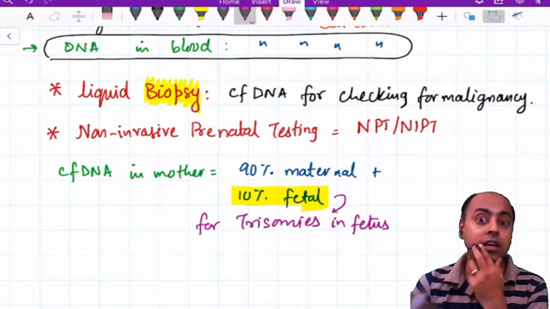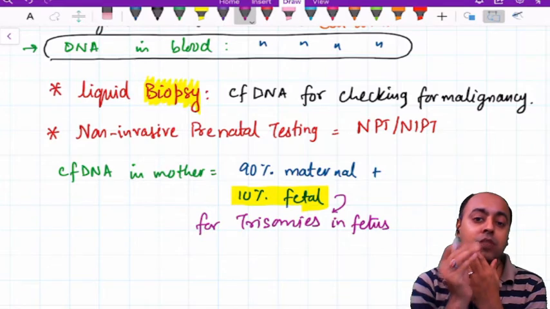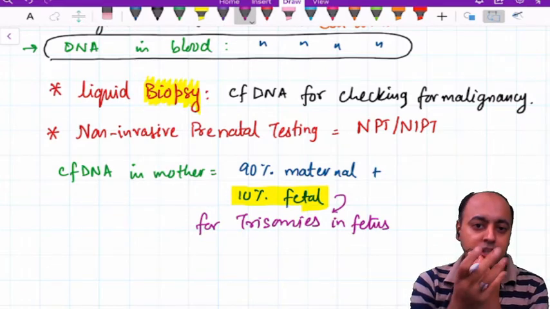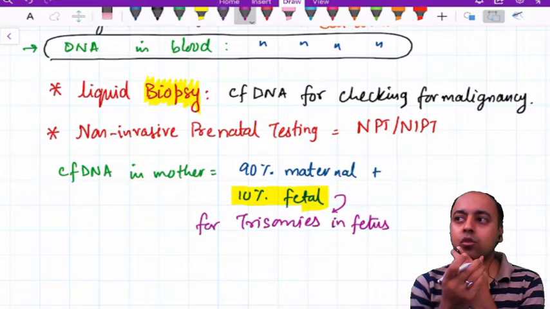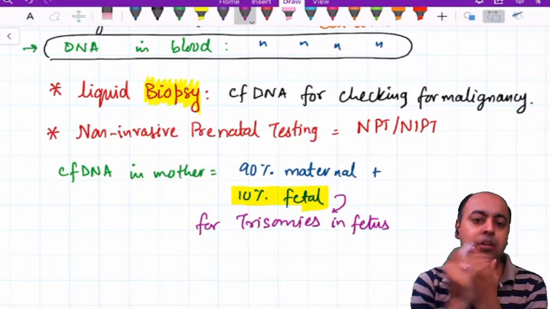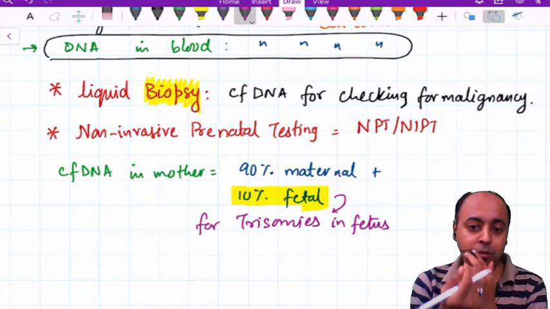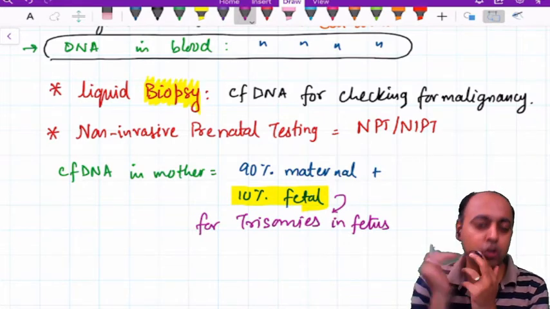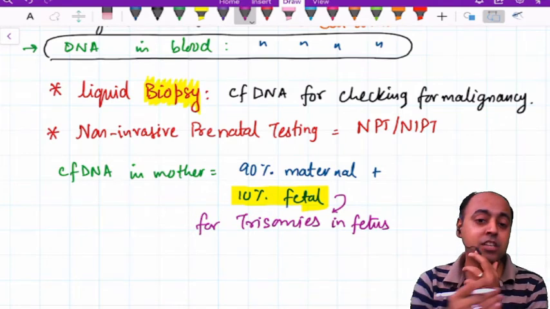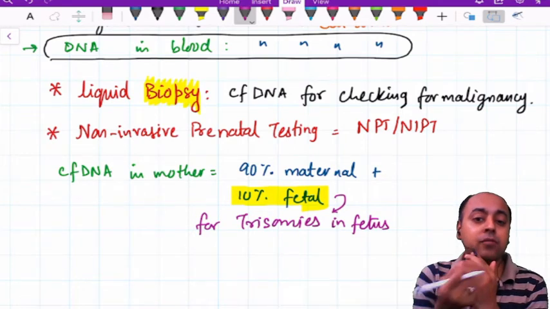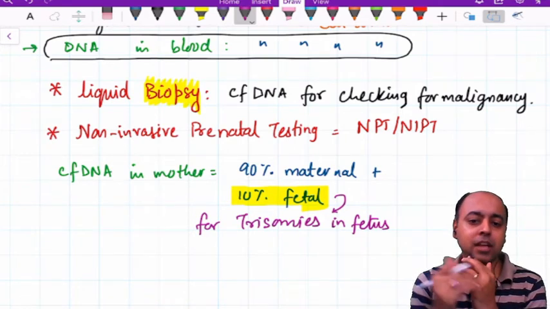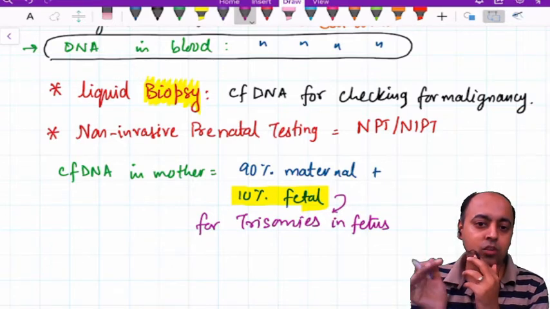You have to do the karyotyping. For karyotyping, you have to take the sample by amniocentesis, from the amniotic fluid, or by chorionic villus sampling, from the placenta, the chorion, and then we do the karyotyping. Both of them have their own risk. There can be loss of pregnancy. This is very safe because here we are taking the sample from the mother's blood. From the vein, you take a small blood sample, separate the fetal DNA and do the test.